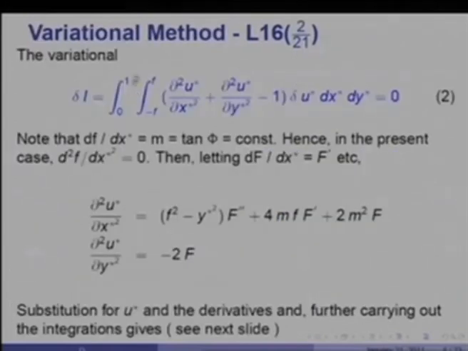The variational principle is stated like this: the variational I is integral from 0 to 1, minus f to plus f, of the equation itself multiplied by variation in u star, dx star dy star, equal to 0.